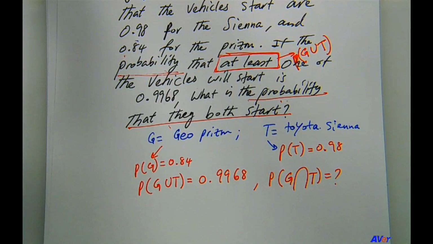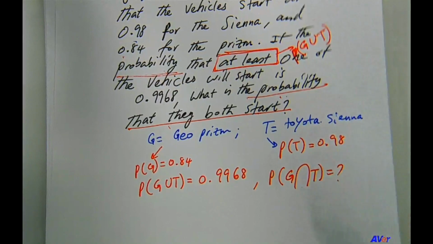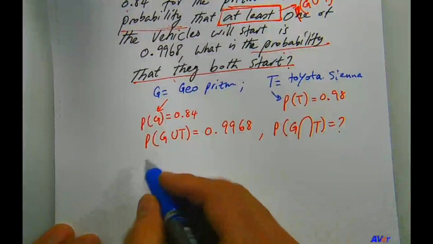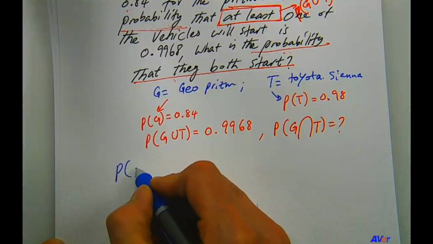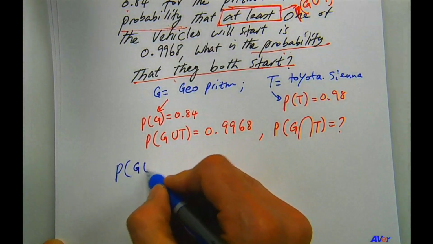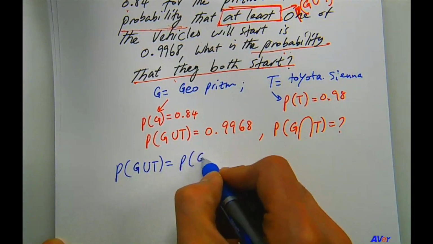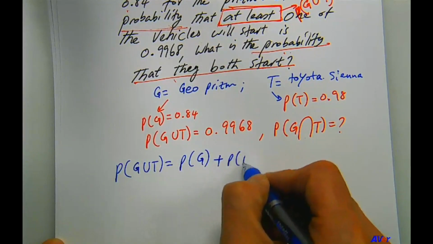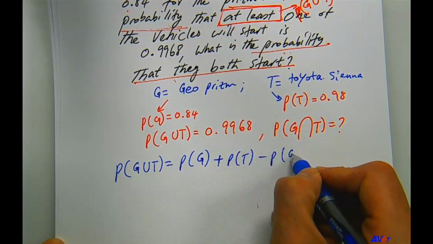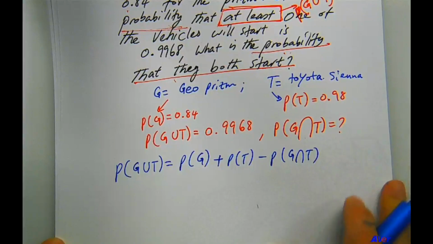Well, you have the union event notation, you have the intersection, so they're asking you to apply the additive rule or the addition law. So let's do that. Probability of G union T is equal to probability of G plus probability of T minus probability of G and T.